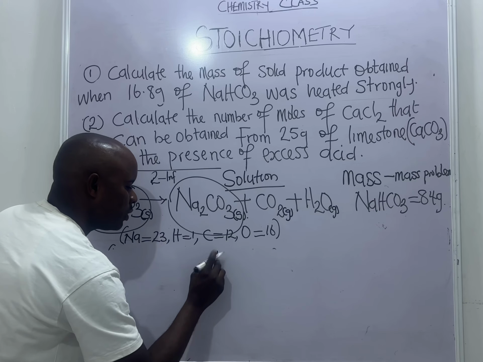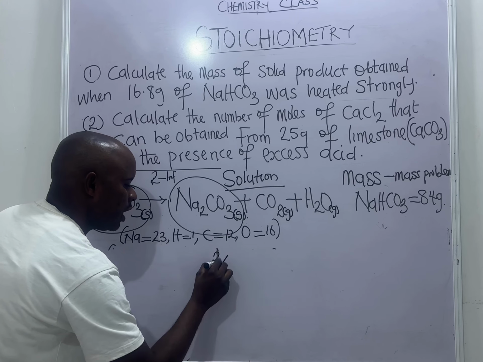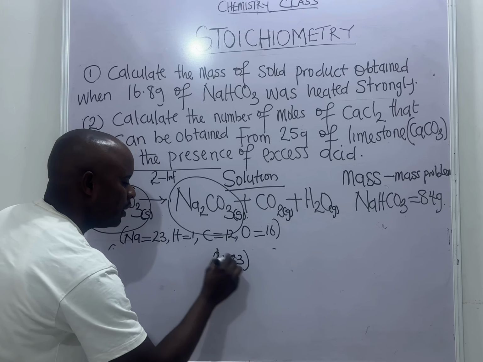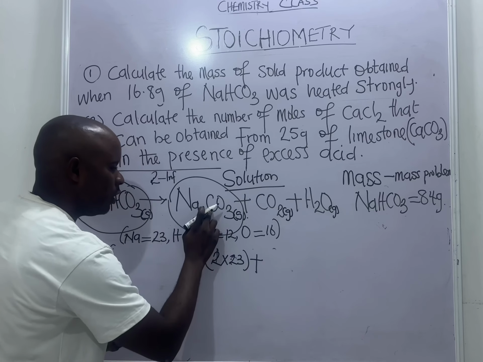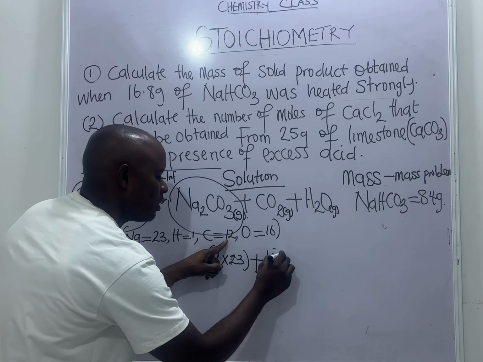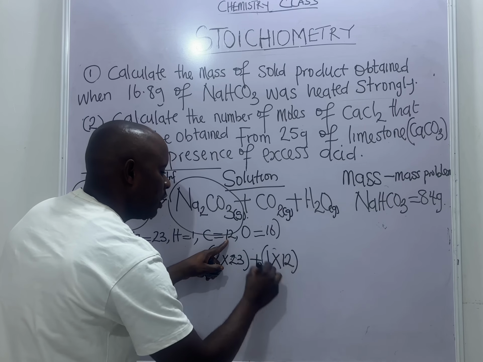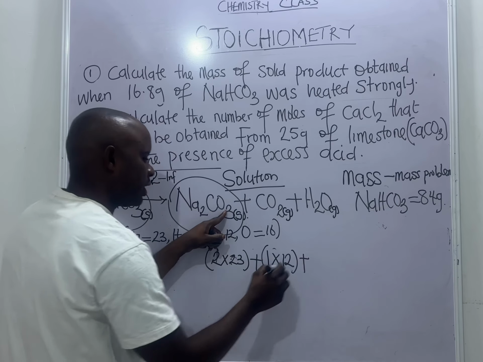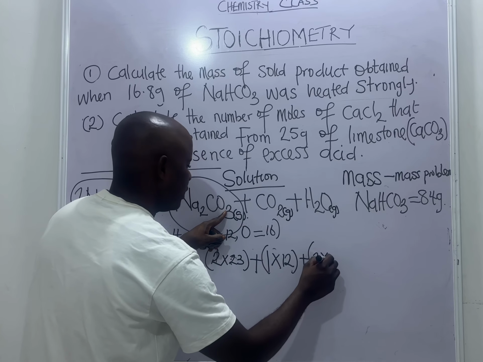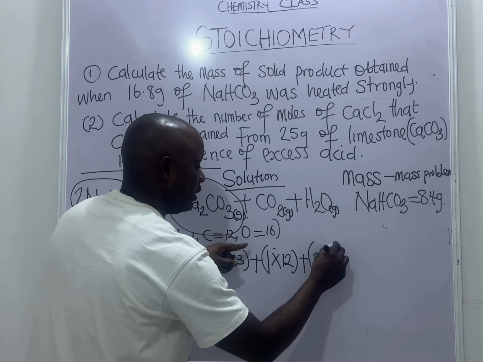Sodium here occurred 2 times. 2 times 23, plus carbon exists only 1 time, this 12, the relative atomic mass of carbon. We say plus, we have oxygen occurred 3 times, 16.